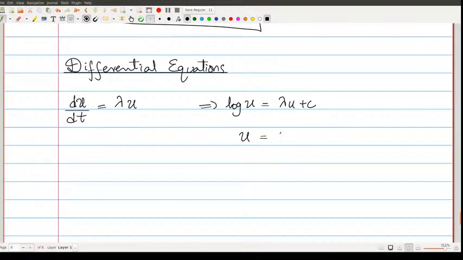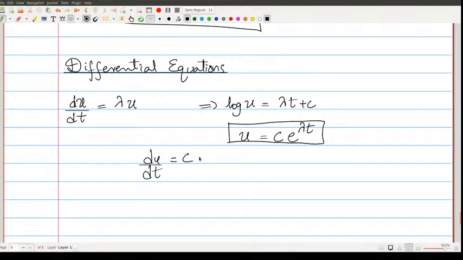Yeah, so the solution is going to be log u equals lambda t plus c, right? So yeah, u is equal to c times e to the lambda t. That's the solution of this differential equation, and you can check that by differentiating both sides. So du by dt, if I differentiate this, we're just going to get c lambda e to the lambda t, and that's just giving us this.